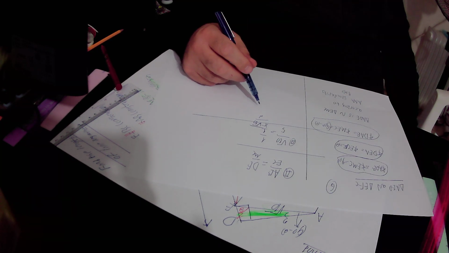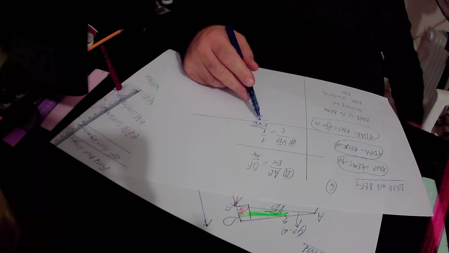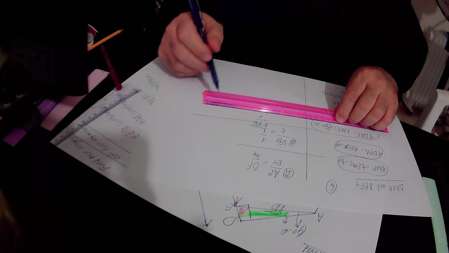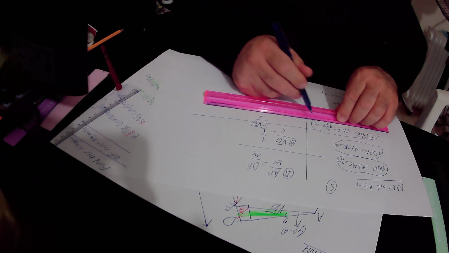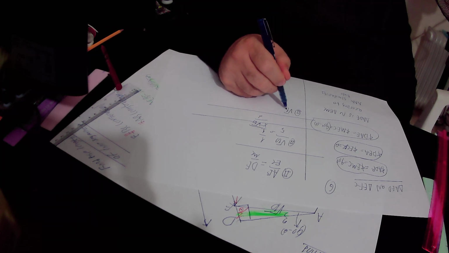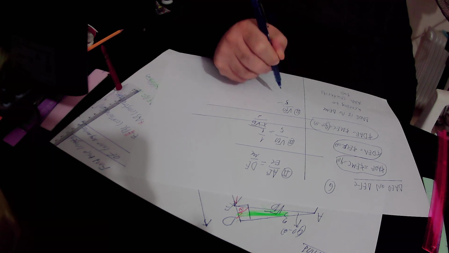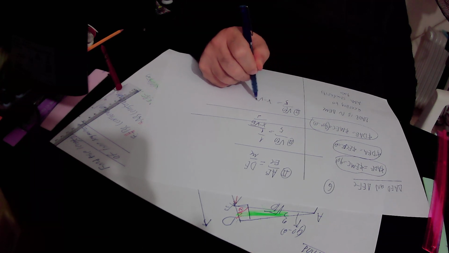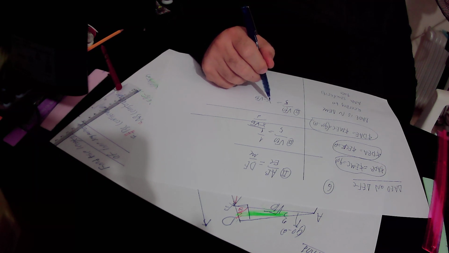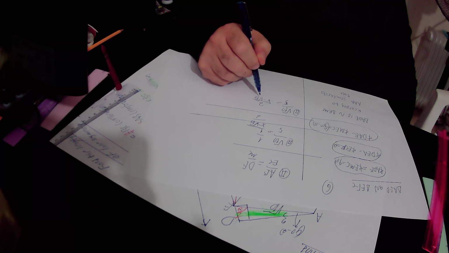So here we will move 5 to the numerator and x minus square root of 10 to the denominator of this side of equation number 2, and we get that according to equation number 2, square root of 10 over 5 equals 2 over x minus square root of 10.